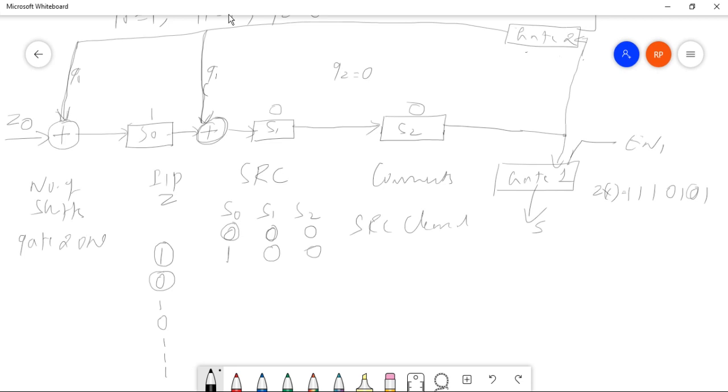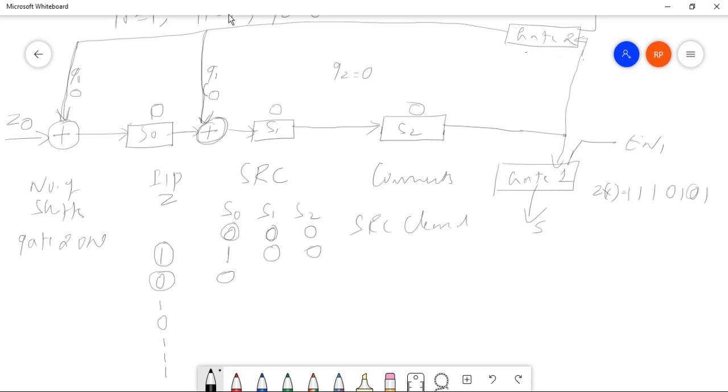Now S2 content is still 0, so it will travel here, and the line value of this will also be 0. The line value of this will also be 0. Now let us add 0 plus 0, which is 0. So S0 will become 0. Once this is done, you always have to concentrate on the previous values.